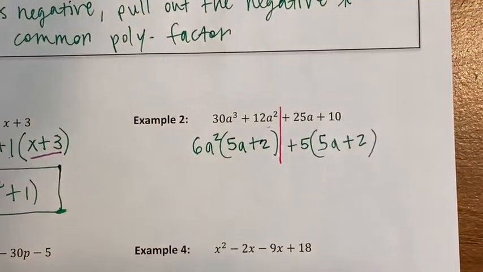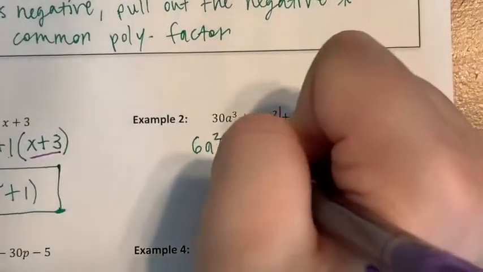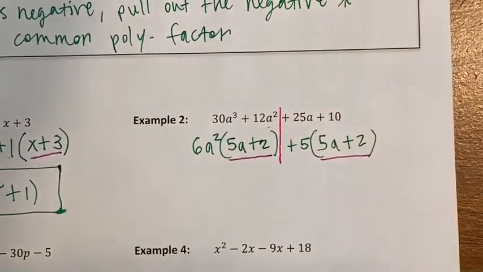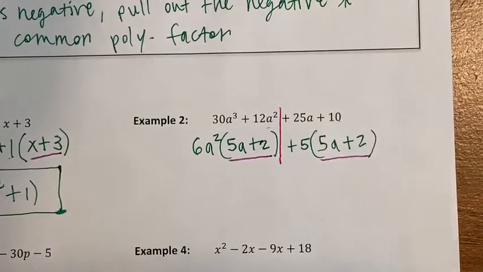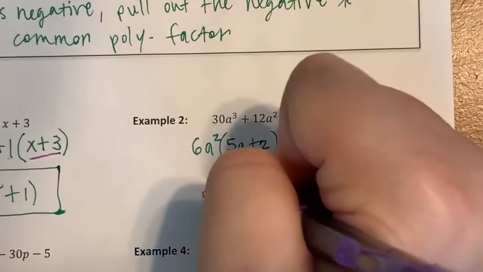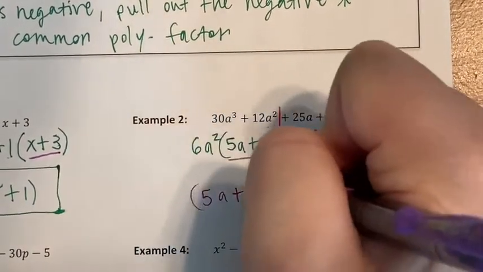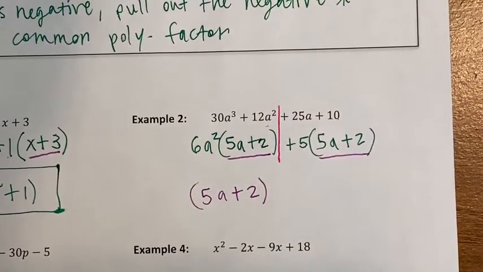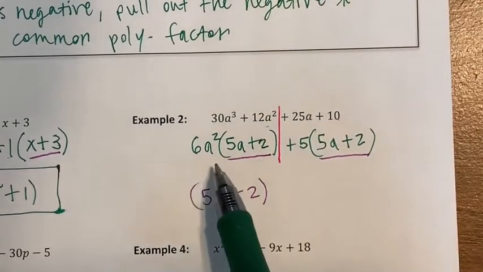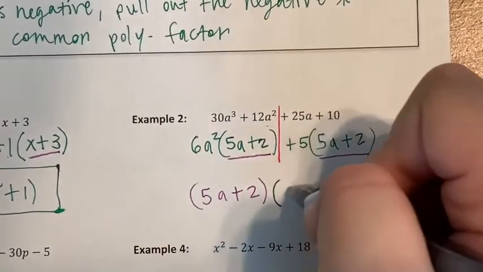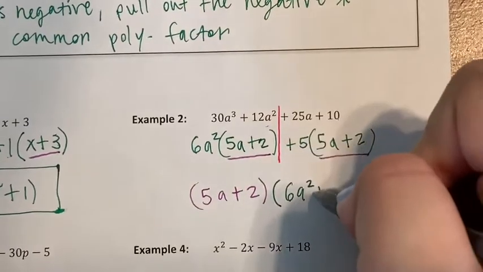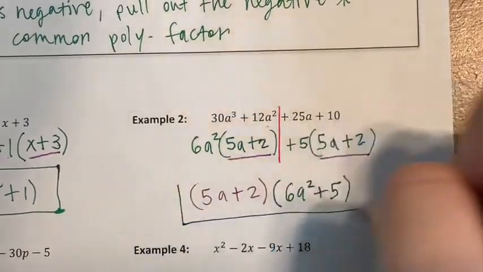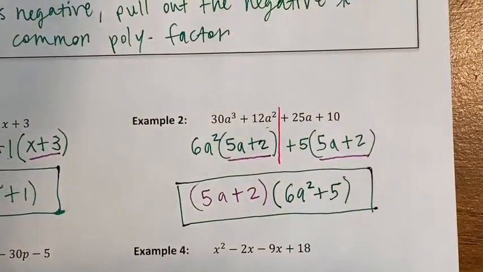That would be 2. And this is perfect because we're noticing what is in parentheses is common. We got the same thing there, 5a plus 2, meaning that's one of my factors. And then my other factor is the leftovers. We've got a 6a squared and a positive 5. So there'd be my final answer.